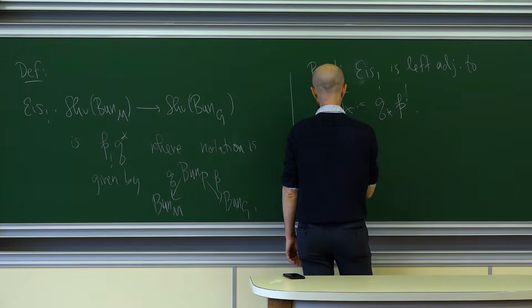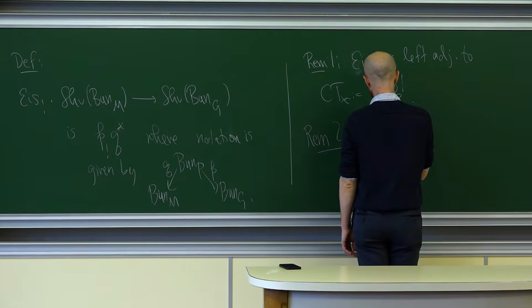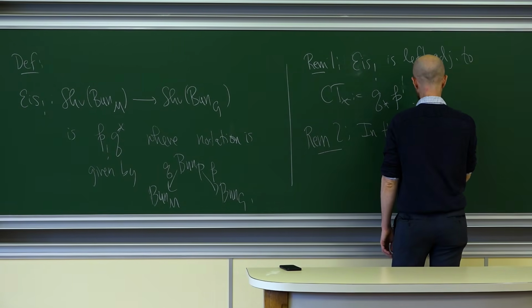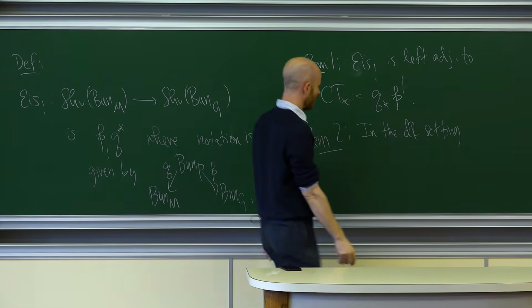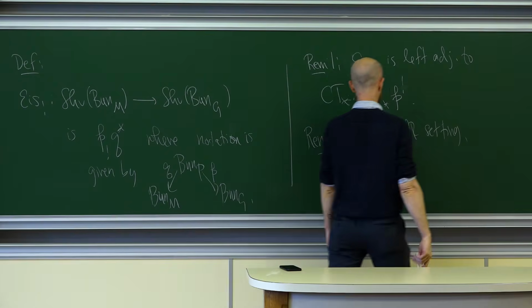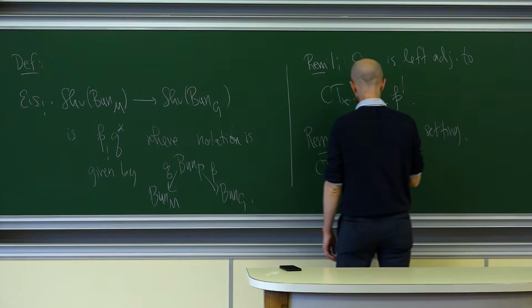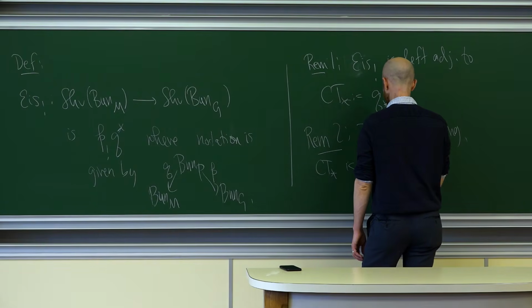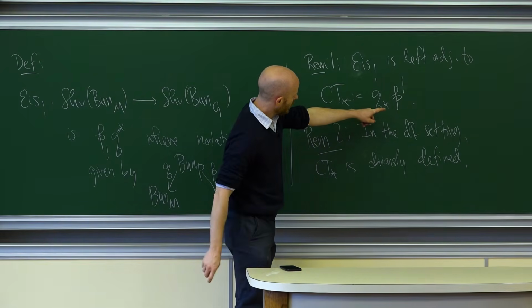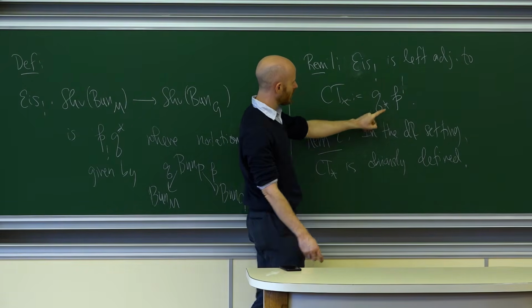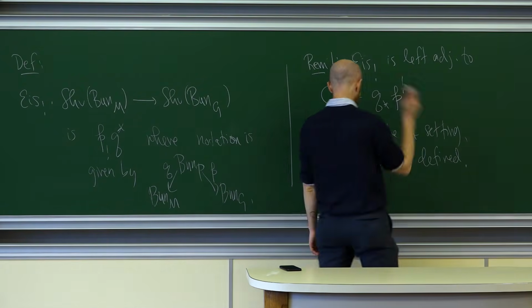And then remark two is that in the de Rham setting, this constant term star is sort of obviously defined in the sense that in the world of D-modules, you love upper shriek and lower star functors. Those are the functors you have in the formalism.